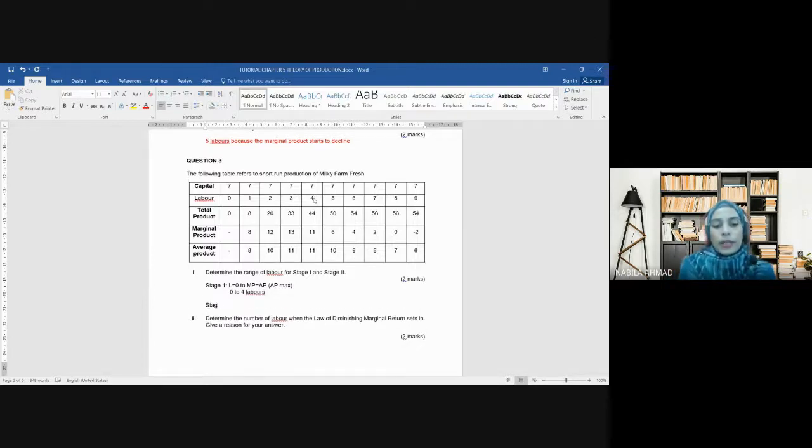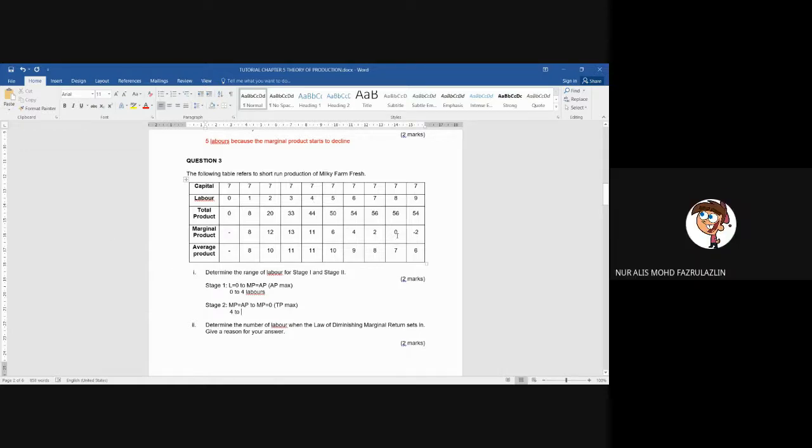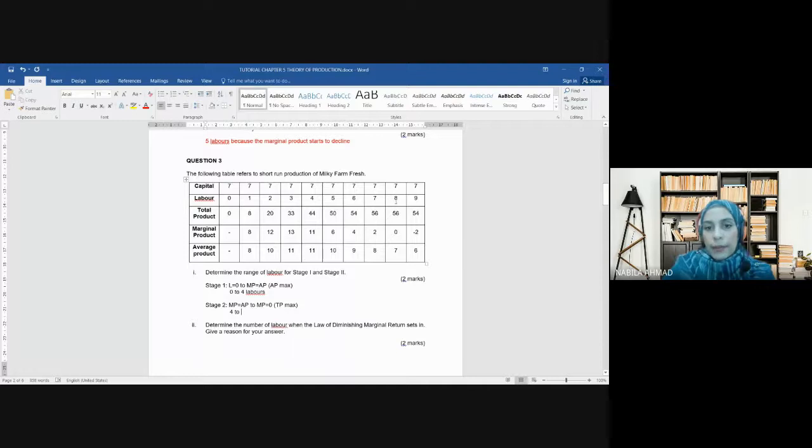Stage number 2 pula berlaku, ya, MP equals to AP tadi tu, sehinggalah marginal product 0 ataupun total product maximum. So 4 labor sehingga 8. Yes, good. Ya, marginal product 0, 8 labor.